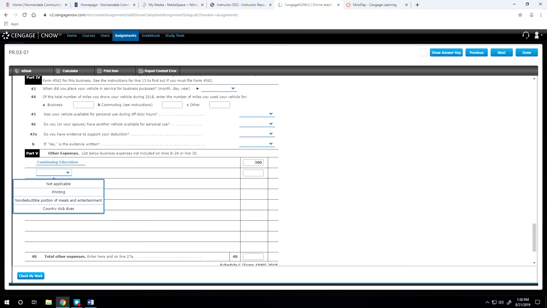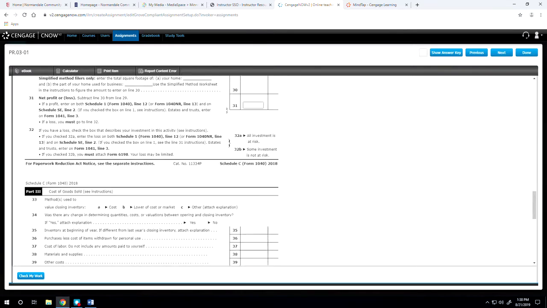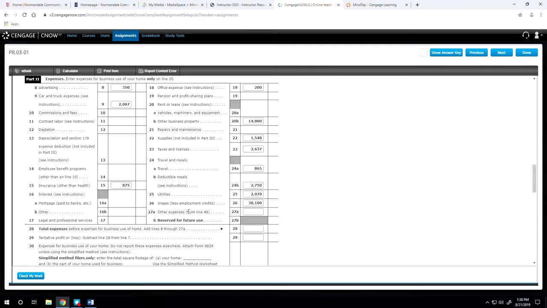And then there was printing, which is on the income statement as printing and reproduction, $100. Total, $400. Now I'm going to go back up to where I was, line 48, with that $400.